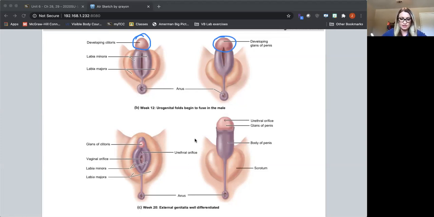Then labia minora and body of penis also originated from the same tissue, as well as labia majora. And then this would be the scrotum, right? Developing scrotum. So you can see that initially they look the same, but then depending on the presence or absence of that Y chromosome, they develop into different forms, different structures.